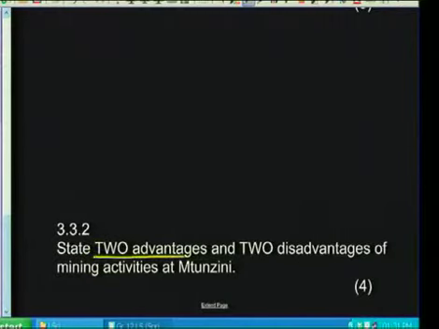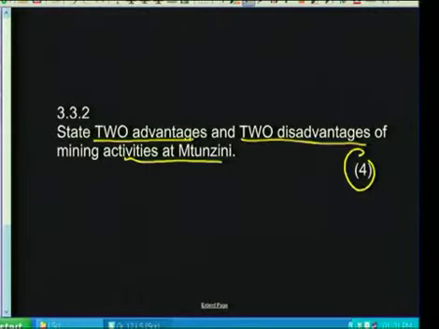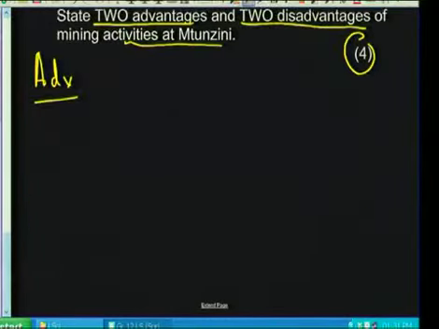Let's look at the next question, guys. State 2 advantages and 2 disadvantages of mining activities in Mtunzini. And this is a 4-mark question, which simply means that we've got to write down advantages and we've got to look at disadvantages. Guys, with any mining project, there's always advantages and always disadvantages. We've got to critically look at both, and hence we've got to give honest answers.